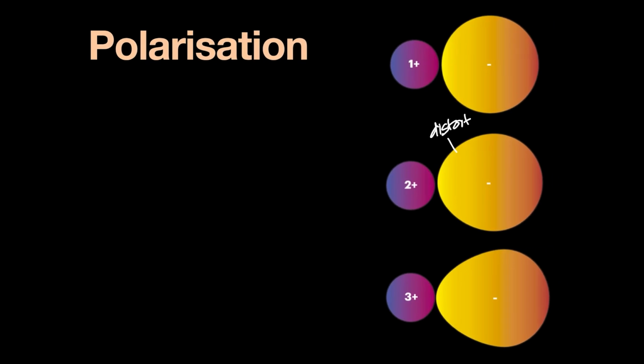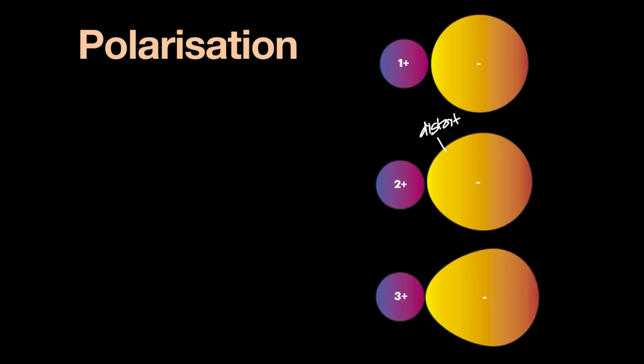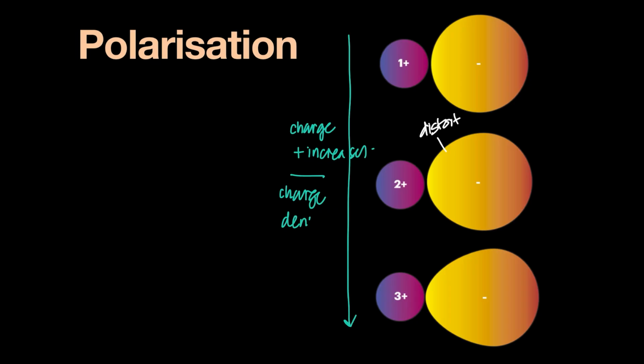So what's really happening here is that if I go down this list, the charge of the cations is increasing, which means the charge density increases. If the charge density increases, the attraction for the electrons increases.